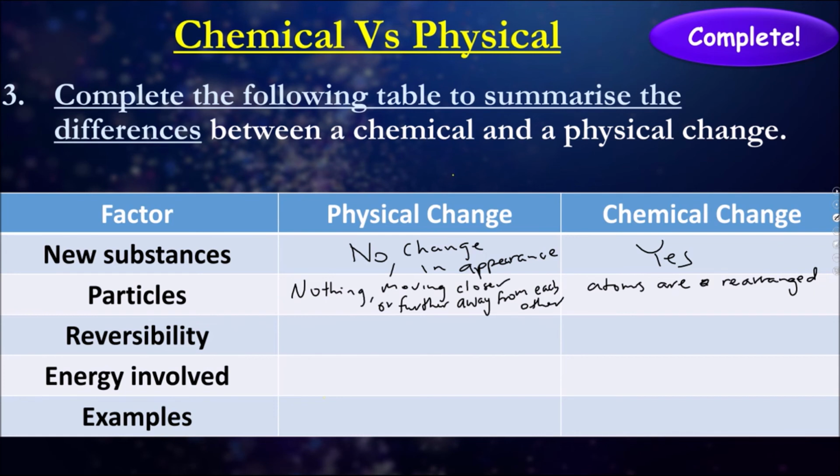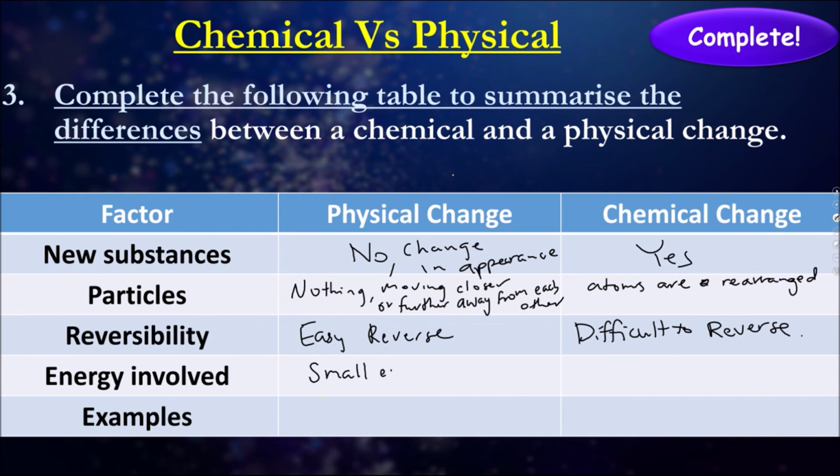Reversibility, how easy is it to reverse a physical change? Pretty easy. So it's easy to reverse. If it's a chemical change, it would be difficult to reverse. What about the energies involved in a physical change?